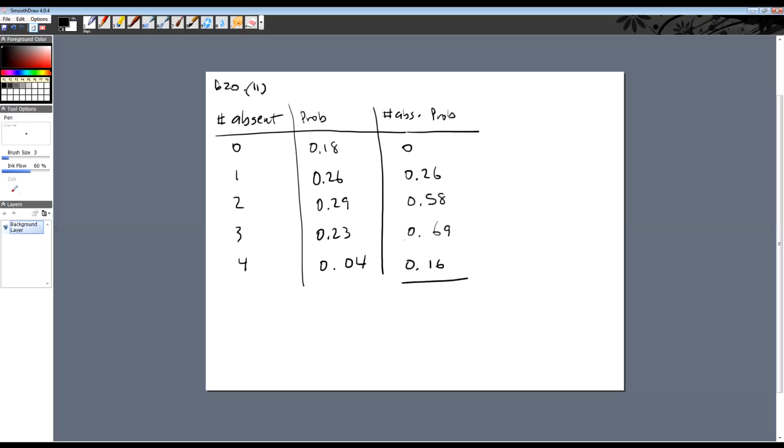So we add these together. And we get 1.69. Now, this is the expected number of absentees on any given day. Obviously, we couldn't have 0.69 of a person, but this is the expected number.